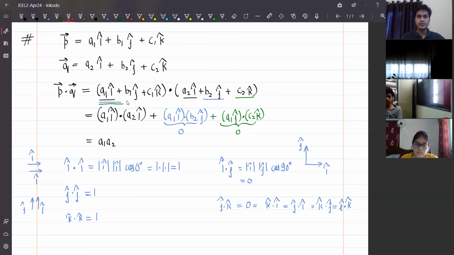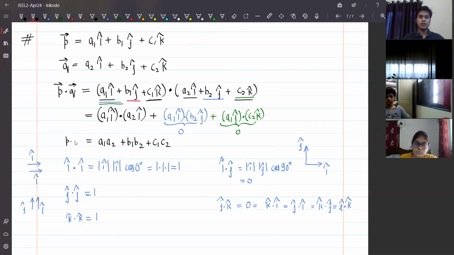After this, B1 J cap with A2 will again be 0. Then B1 J cap with B2 J cap, you'll get B1 B2. Then B1 with C2, this is J cap and K cap, so the dot product is 0. Then C1 with K with I will be 0, K with J will be 0, but K with K, it will be C1 C2.